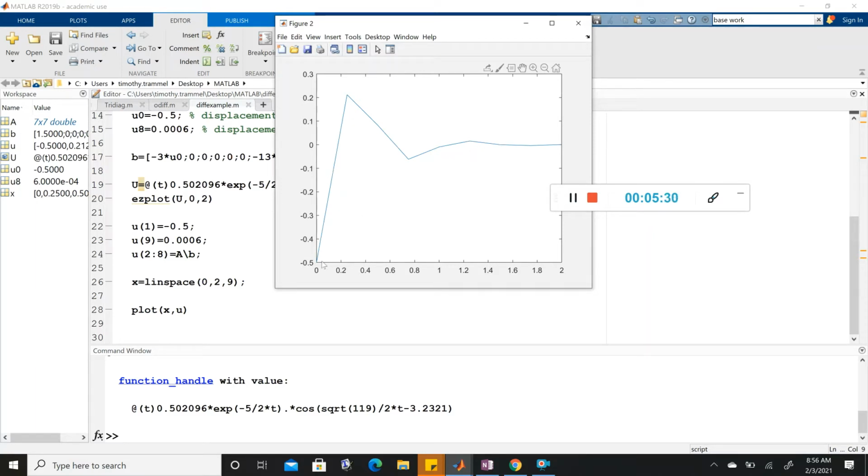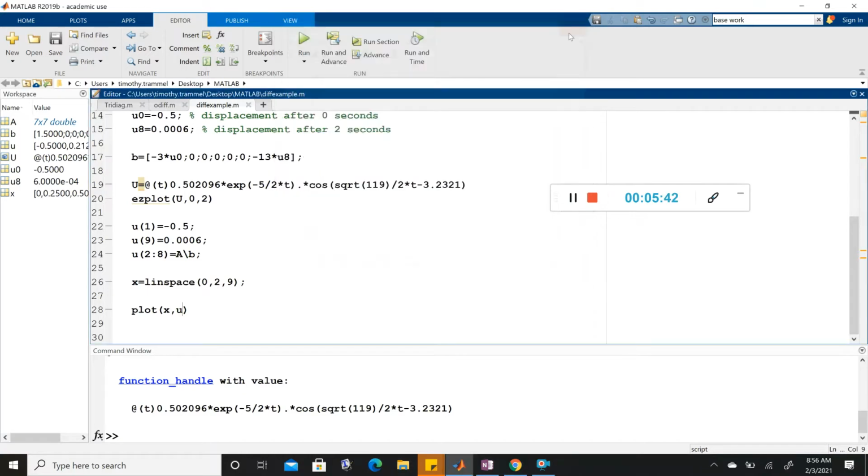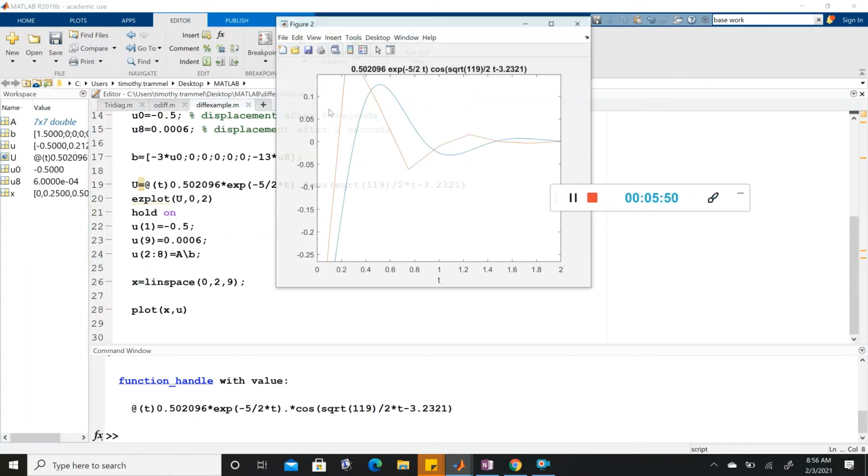Of course, we're only making approximations every 0.25 seconds, so this isn't going to be perfect, but let's put this up against the actual solution. I just need to put a hold on here. All right, there we go. So again, not bad for doing an approximation every quarter of a second.